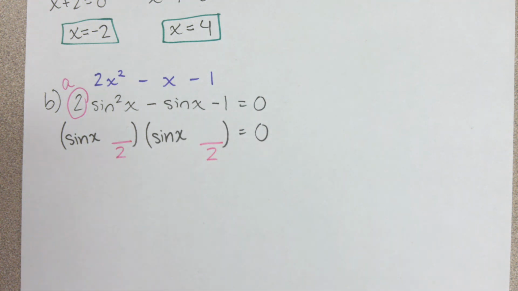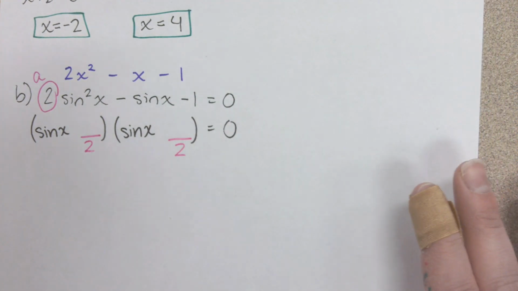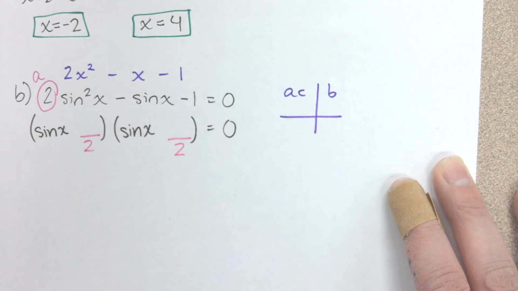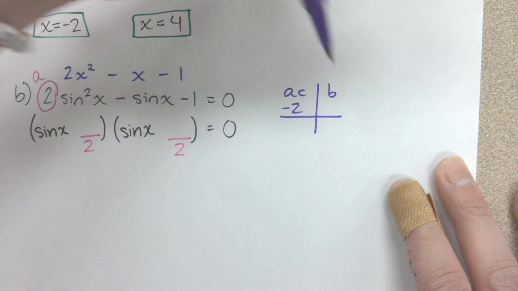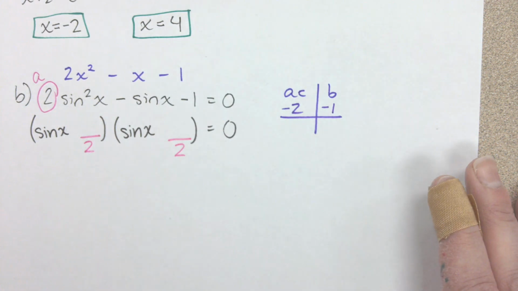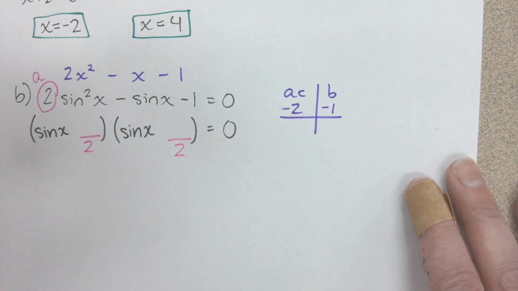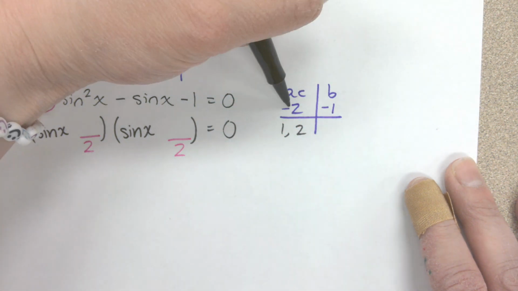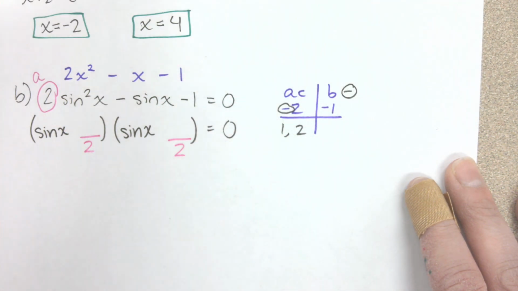Now I will do the ACB chart. A times C, 2 times -1, that's -2. B is -1. 2 only has one pair of factors, 1 and itself. And I forgot to point out, since this is negative, we're subtracting on this problem.